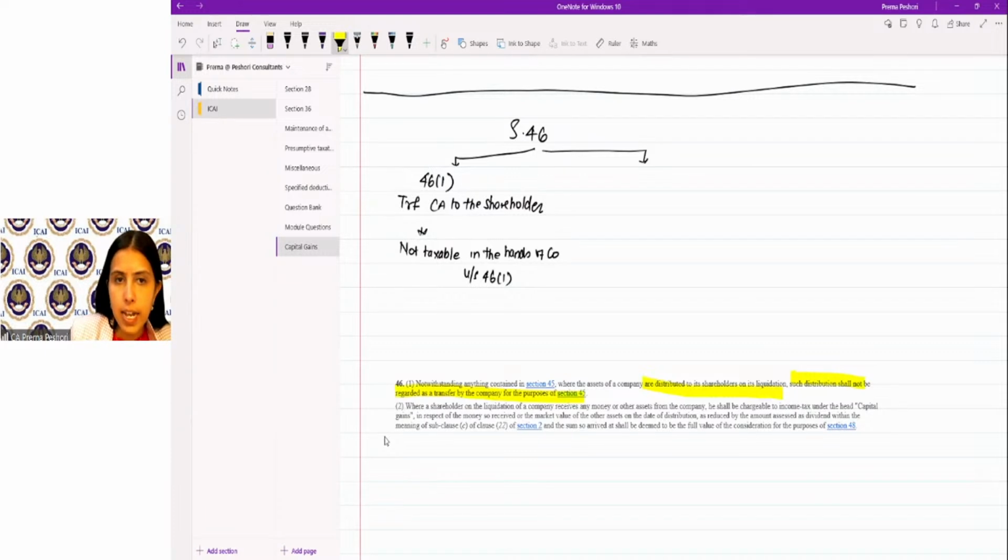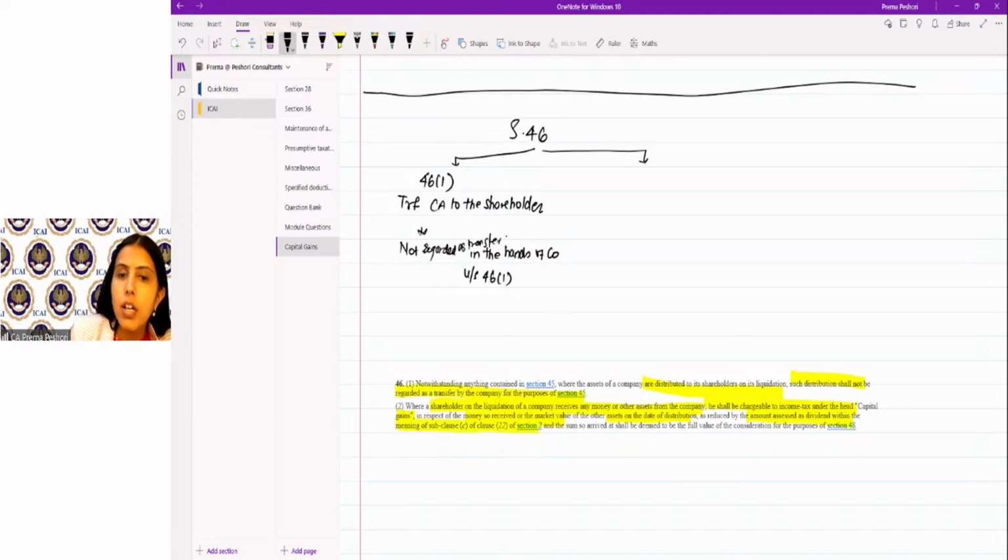And 46(2) says that, let me write it here in this way, not regarded as transfer, right? 46(2) says, where a shareholder on the liquidation of a company receives any money or other assets from the company, he shall be chargeable to income tax under the head capital gains in respect of the money so received or the market value of the assets on the date of distribution, as reduced by the amount assessed as dividend within 222C.